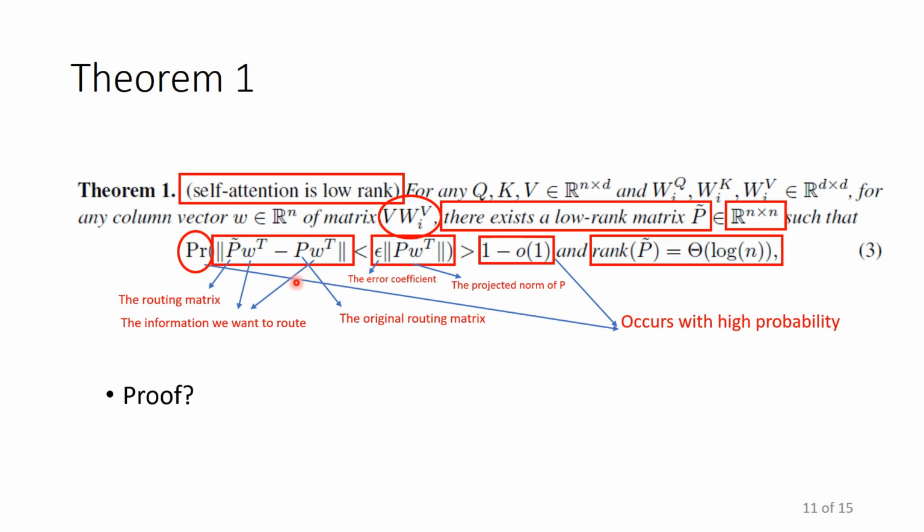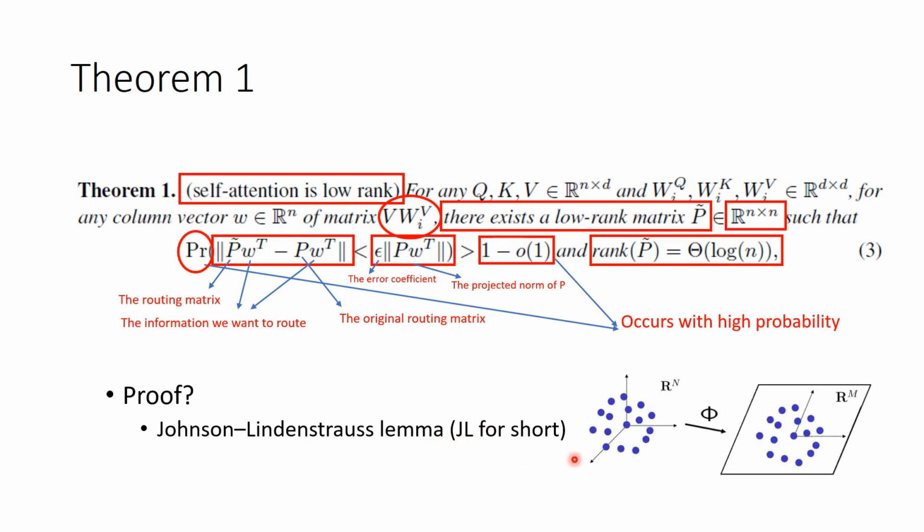How they prove that there exists a Lorentz matrix P tilde is they use a lemma, the Johnson-Lindenstrauss lemma, or JL. What JL proposes is that imagine we have data in a higher dimensional space, in this case a three-dimensional space, and we want to project it using phi, a projection matrix, into a lower dimensional space, in this case a 2D space.